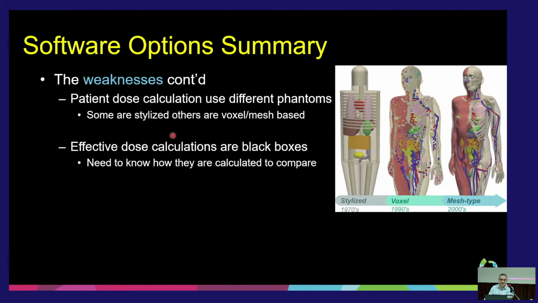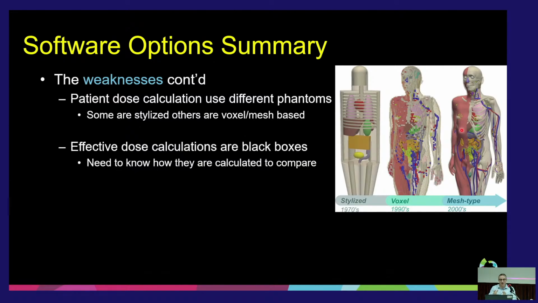So you need to ask them what kind of phantom they use for the dose calculations and how many options they have. If they only have, say, 2 phantom options, male and female adult, well, that's fine as long as your patients all look and are the exact same size as those phantoms. And you couldn't even use them for pediatrics.